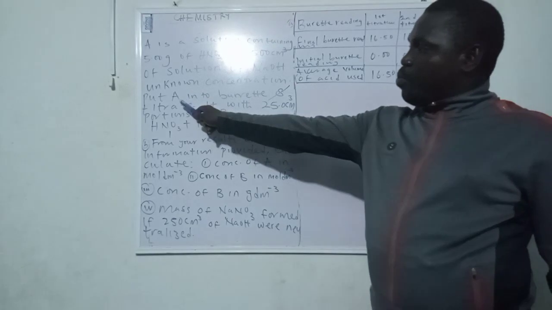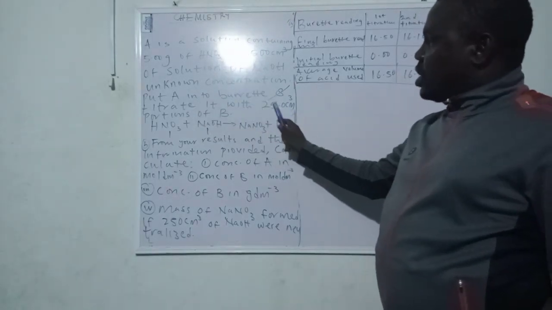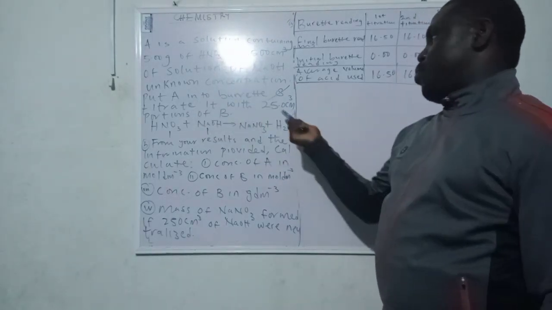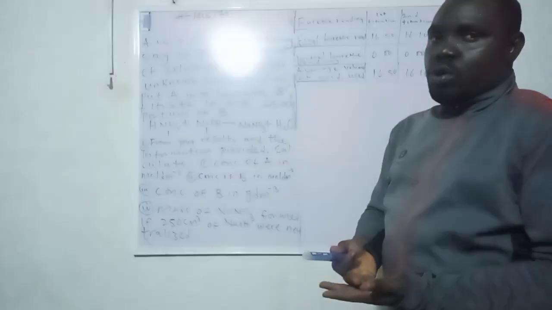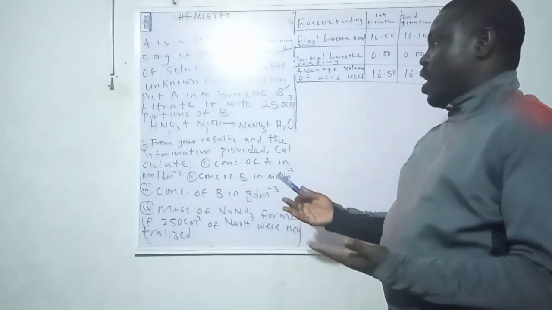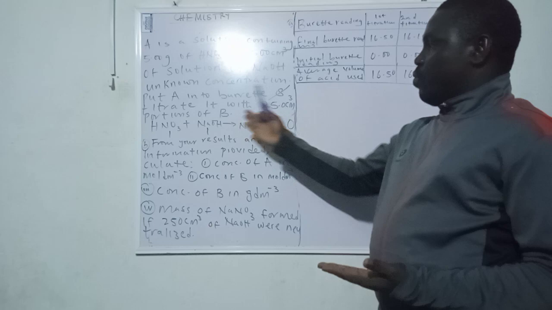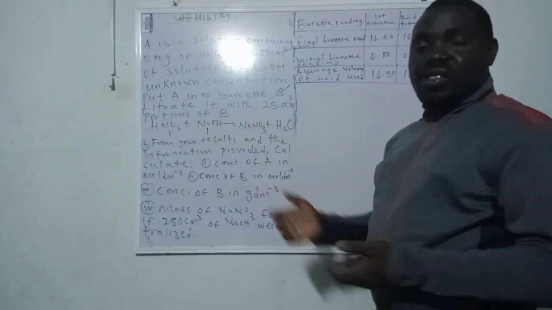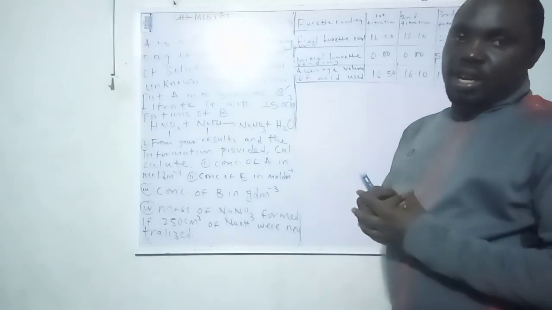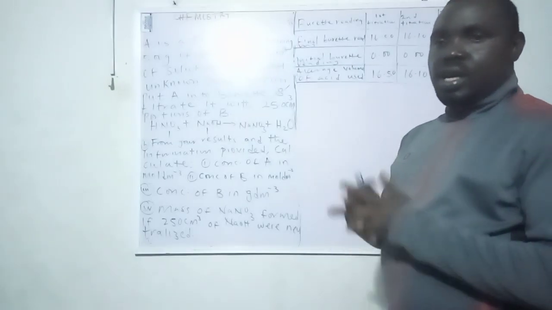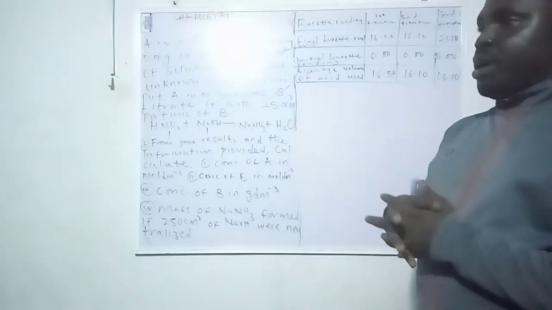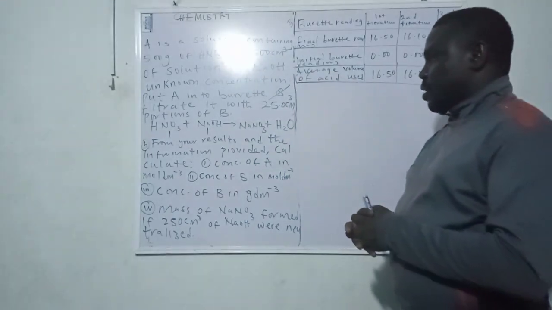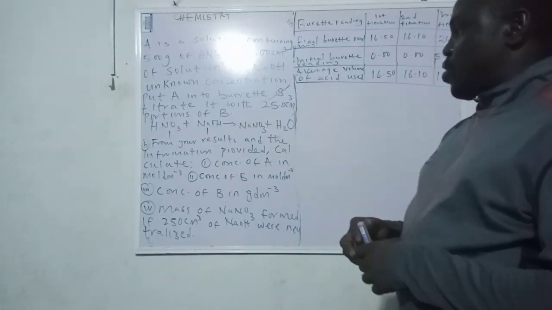We are told to put the acid in the burette and titrate it with either 20 or 25 cm3 of the portion of B, the base. And of course, being a strong acid and a strong base, methyl orange is suitable as an indicator, and so methyl orange will be used.